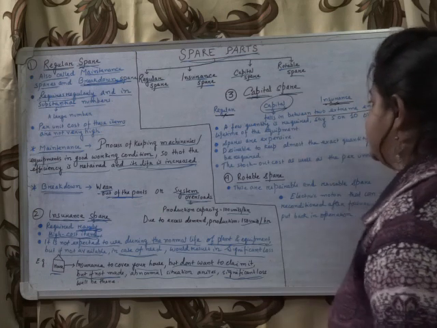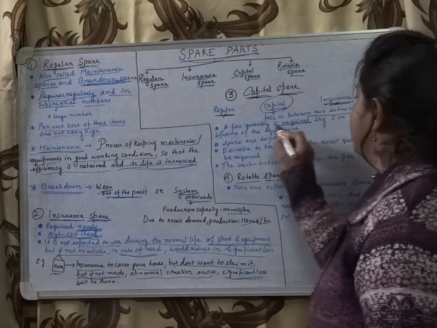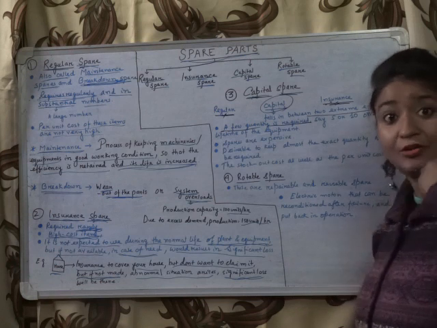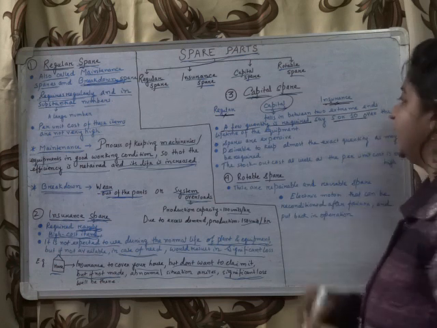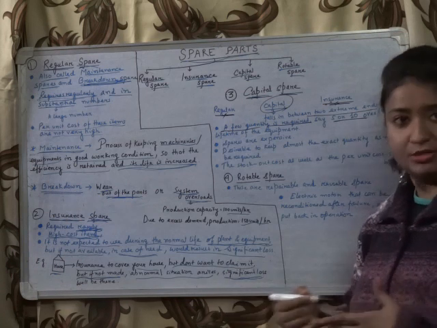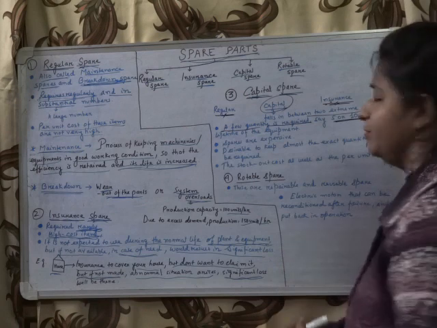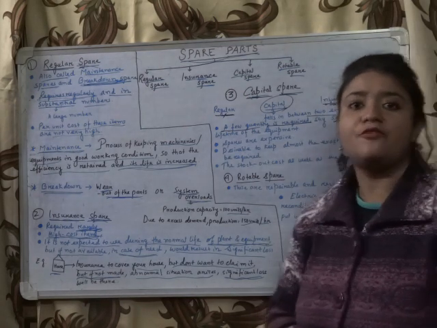Now what is that? The characteristics are that a few quantities are required. We are telling that they are required, but few in nature. That may be 5 or 10 over the lifetime of the equipment. Suppose the life of the equipment is 5 years.